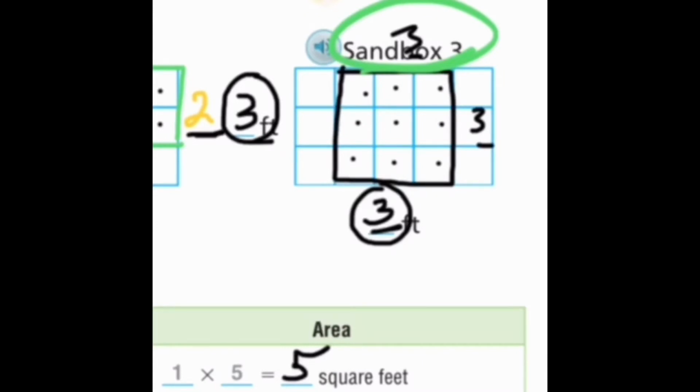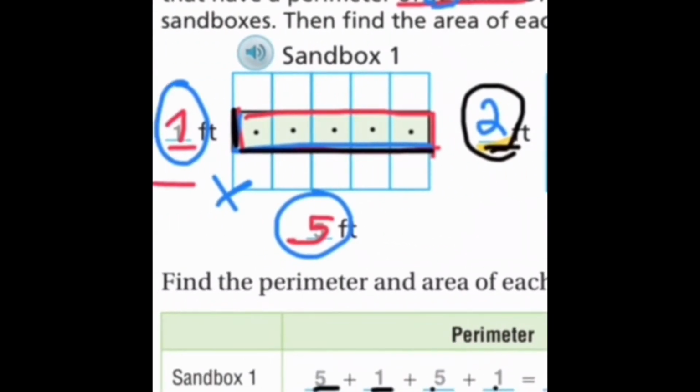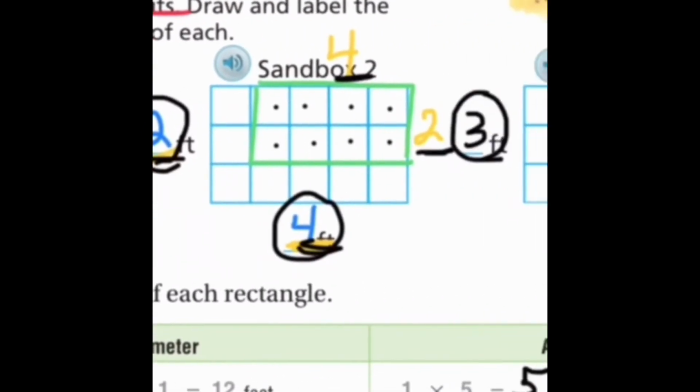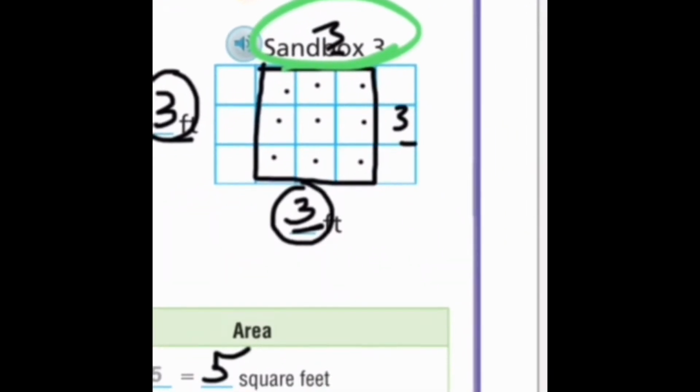If we want the smallest area, we draw a 1 by whatever sandbox or rectangle, and we get the smallest area. So smallest area is a skinny one, the 1 by 1, 1 by whatever, and the biggest area is going to be our square. Let's move to the next page.